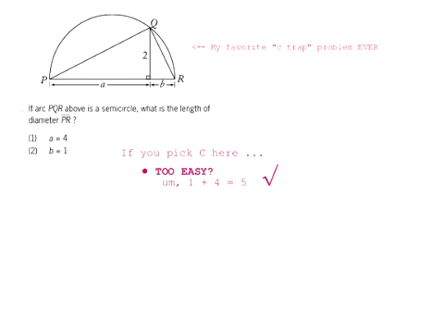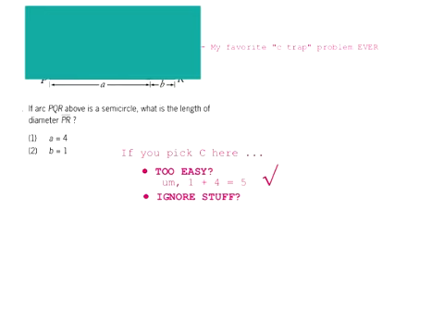Does it ignore stuff? Well, you darn well bet it does. If you're picking C for this problem, then you are basically saying I could ignore all the things north of that bottom line.